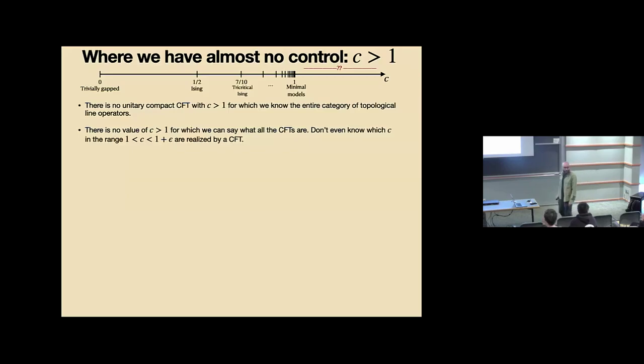But even there, we might not know all the topological lines, just those that commute with the chiral algebra. That's right. So it's a common misconception. Clay pointed out that in our CFT we don't know all the topological lines, and that's true. It's a common misconception that the category of Verlinde lines of the RCFT is all the topological line operators. But there's a simple counterexample. Take SU(2) level 1.